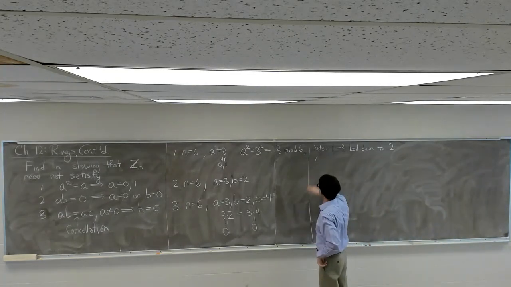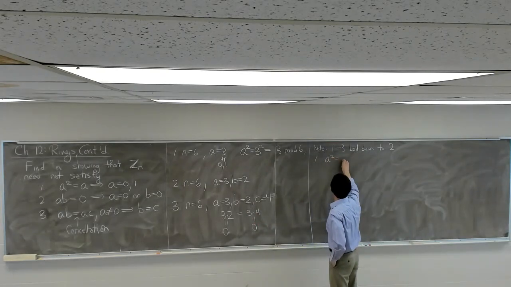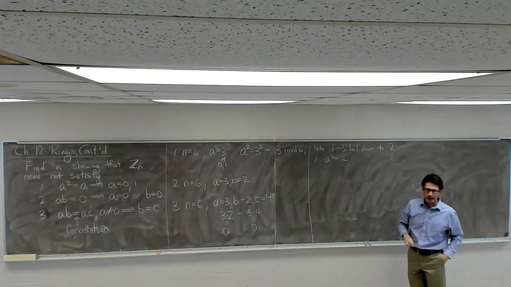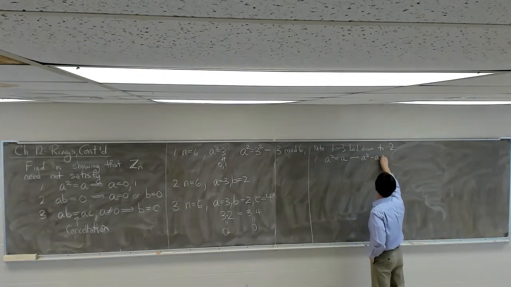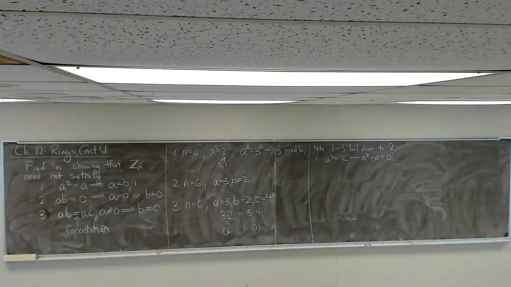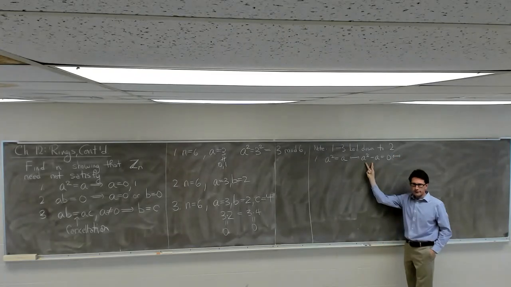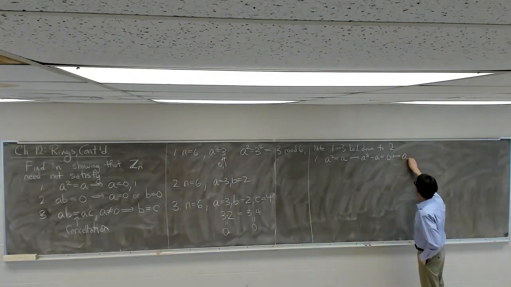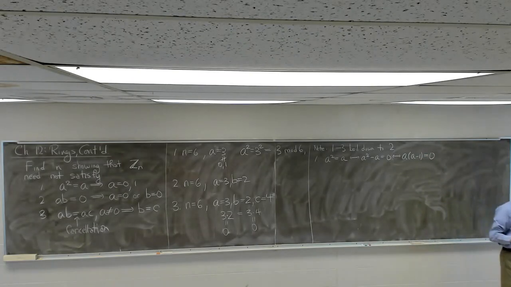For example, in 1, saying that a squared is equal to a is the same as saying that a squared minus a is equal to 0. And if we factor here, this would give us the product a times a minus 1 is equal to 0.